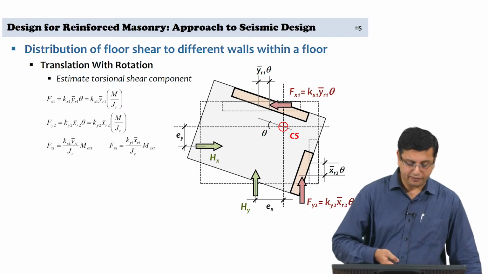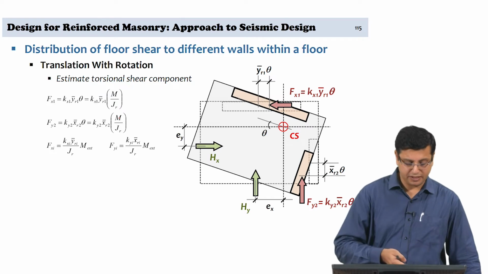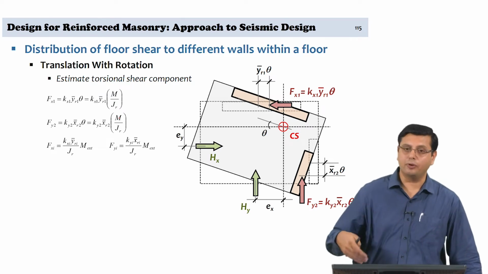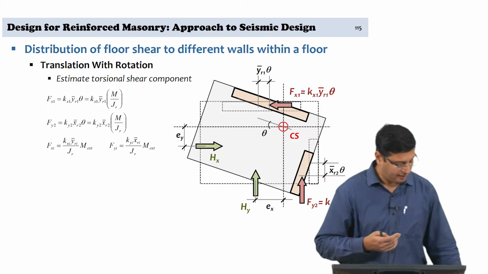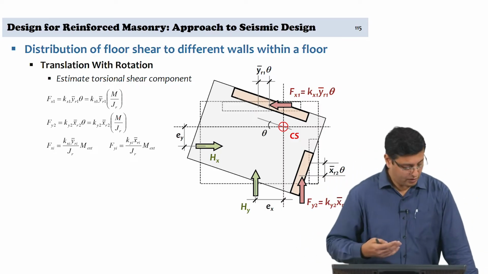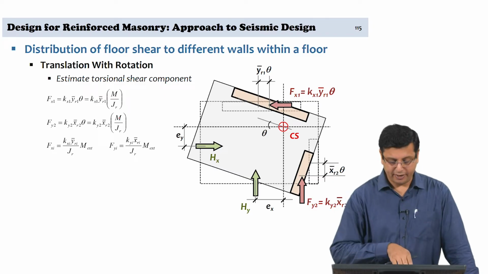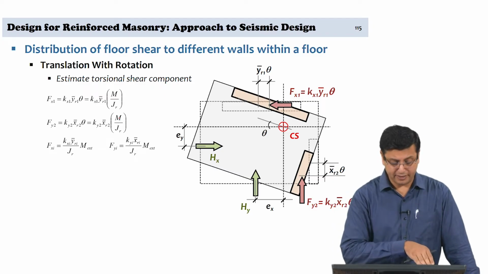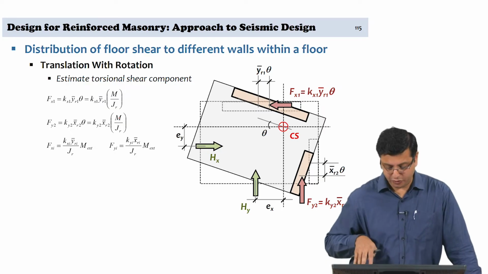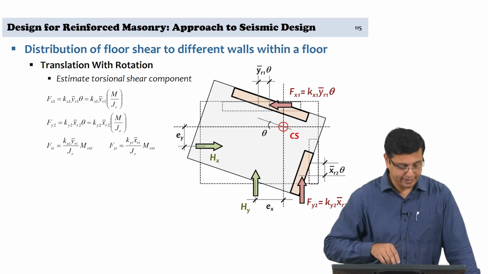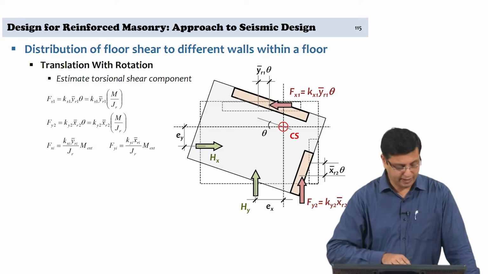Therefore, you have the estimate of the torsional shears Fx1 and Fy2 that is possible from the geometry, where M external was defined earlier as Hx into Ey plus Hy into Ex. So, the torsional shear components are established.